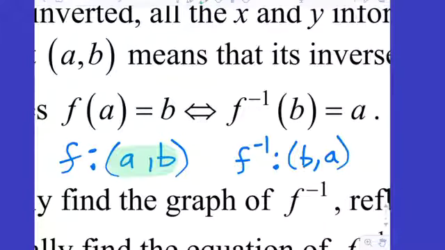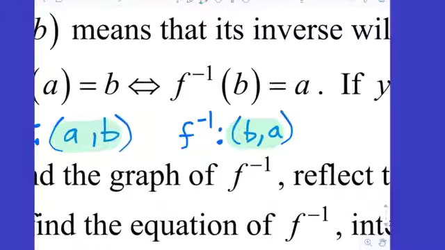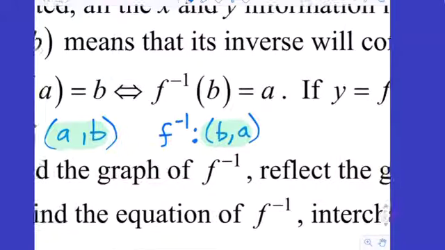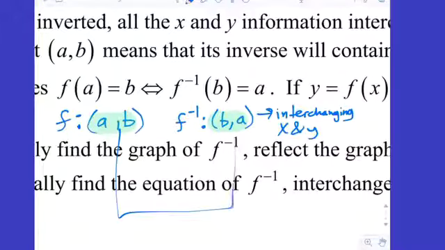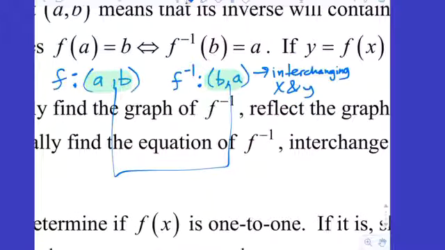So notice what we're doing to get from a function to its inverse. (a, b) becomes (b, a). We are interchanging x and y. Everything x-ish about one becomes y-ish about the other, and vice versa. We call these 2 points on the inverses corresponding points.